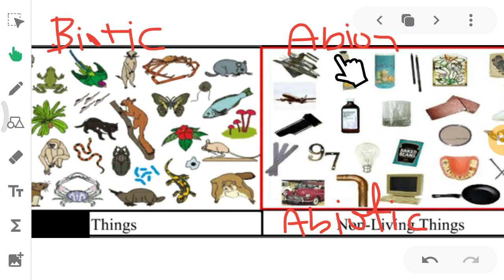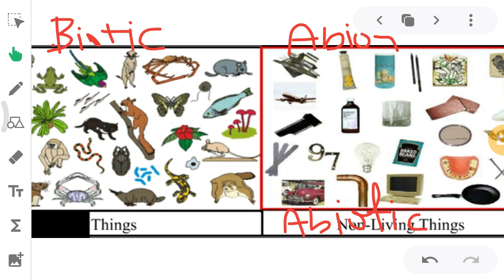Coming to these abiotic components. The non-living things such as rocks, soil, air, and water in the habitat constitute its abiotic components.